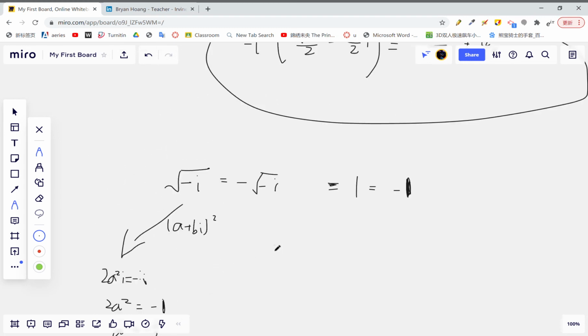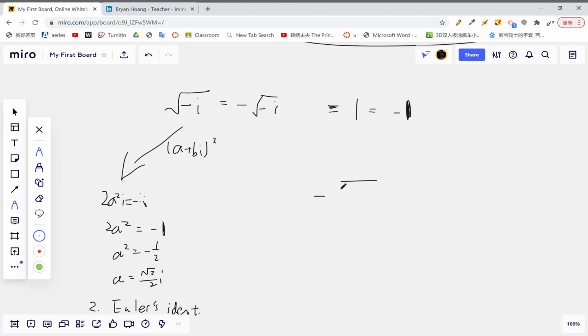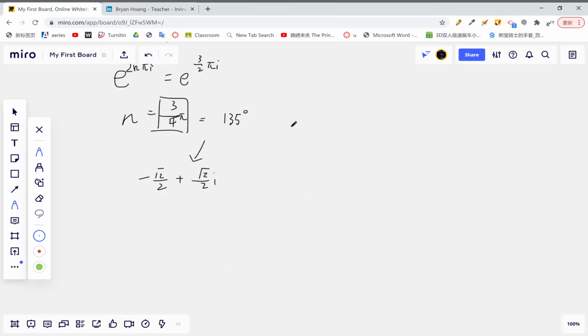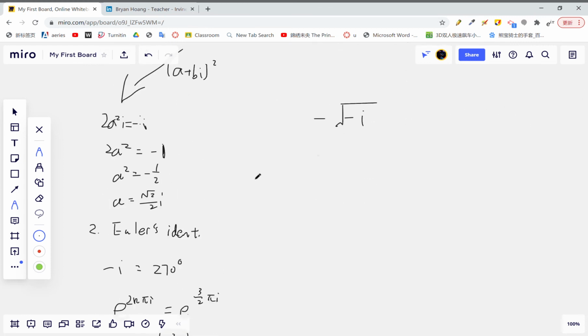Now, let's solve for negative square root of negative i, okay? So someone says this is basically just equal to negative this. No, it's not. Because on a unit circle, 360 degrees is equal to a rotation, right? So we can just add 360 to 270, and we get 630 degrees.